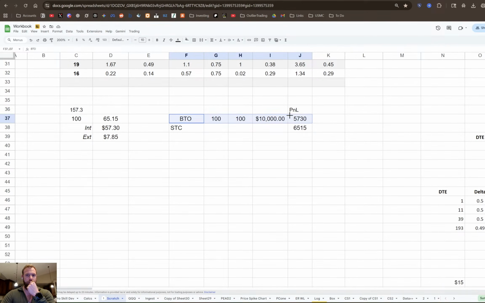If I exercise my option, I'm switching to an unrealized gain of 57.30 and I'm getting rid of all of my extrinsic value. So if I really wanted the shares for some reason, I would be light years better off literally selling to close the option and then buying to open the shares at spot price, whatever that is.